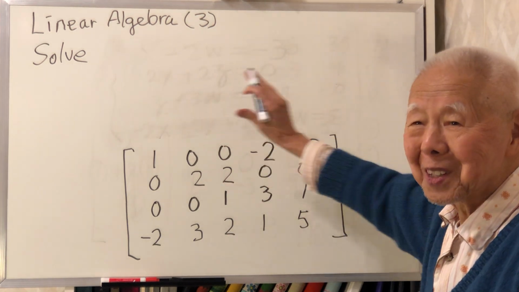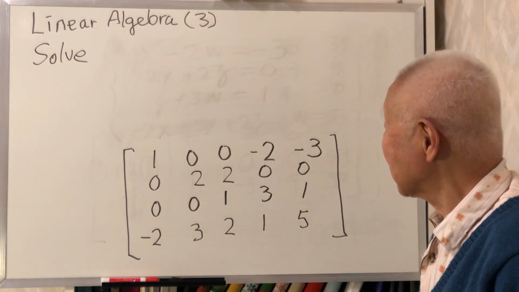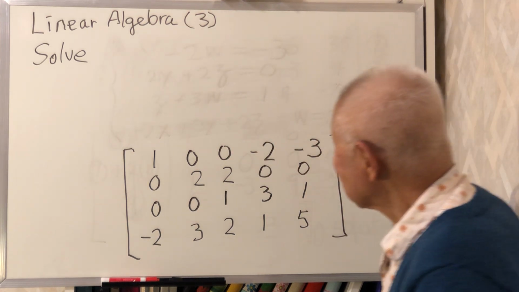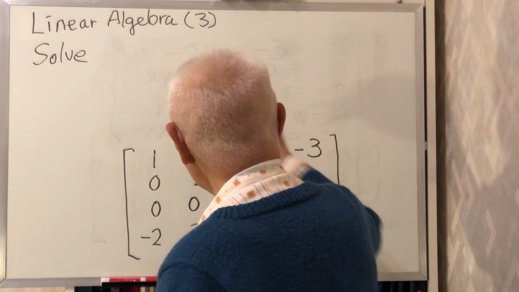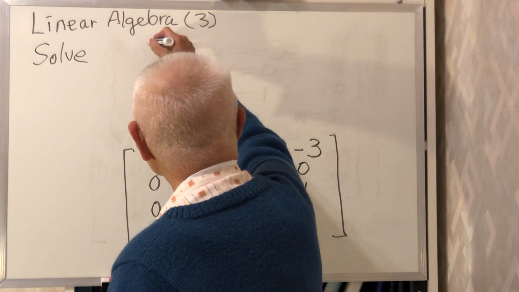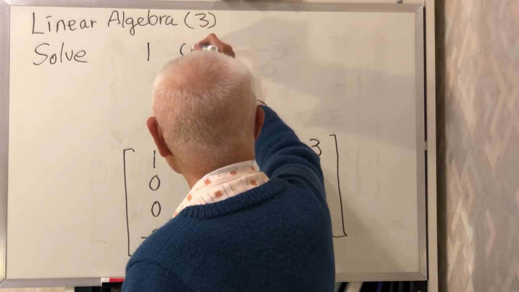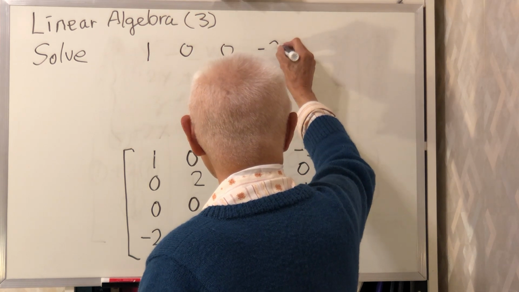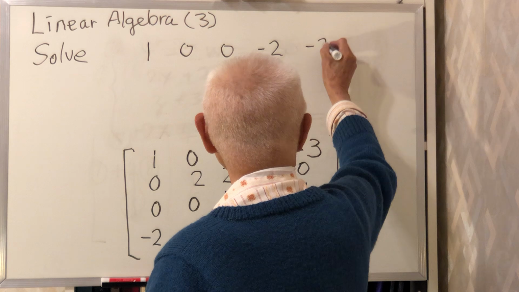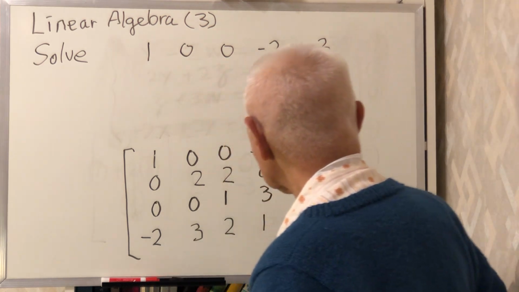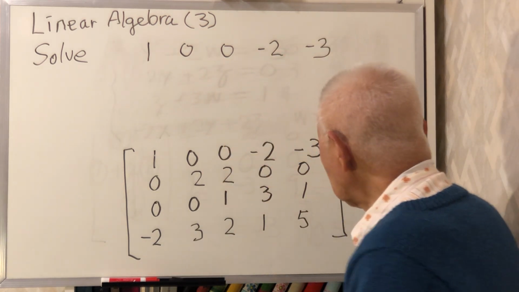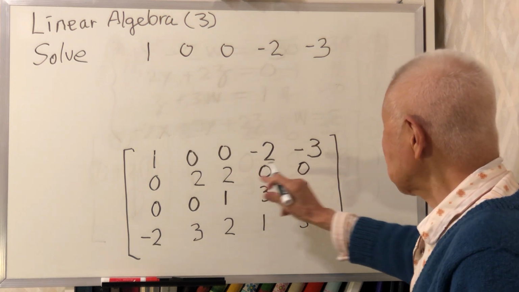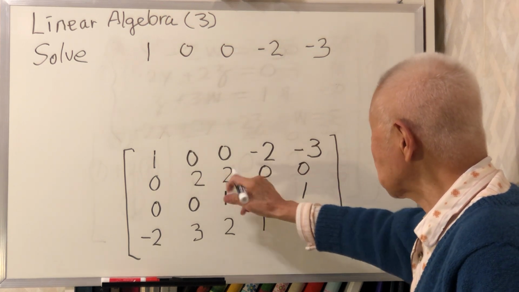I have to keep erasing something. Okay, I keep the row 1: 1, 0, 0, -2, -3. This one I can divide by 2 to make this 1.